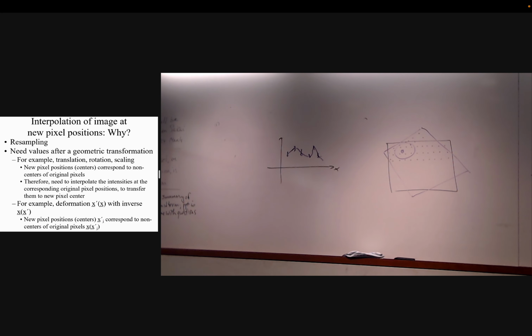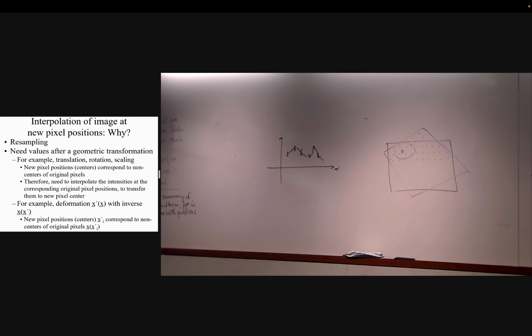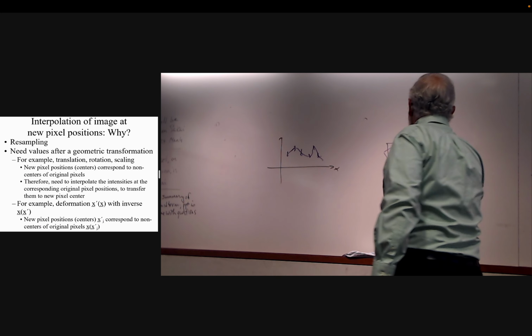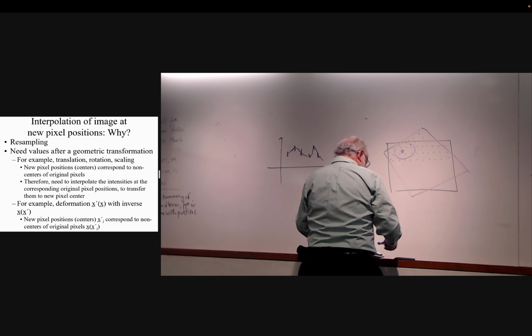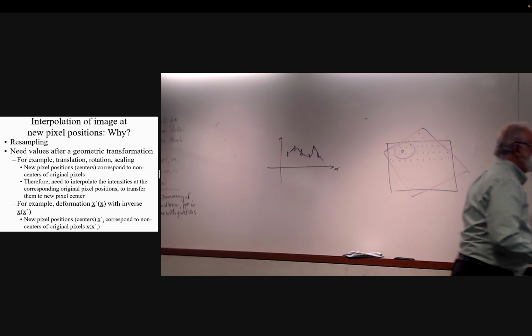Okay, so likewise, if we do translation, we have the image, and the human body was a bit askew. You wanted it in the center of the image. And this particular picture had the body in the left side, and we want to get the body in the middle. So we need to shift everything. And now we're going to have new pixel positions from that. They're going to be shifted positions from the black pixels.